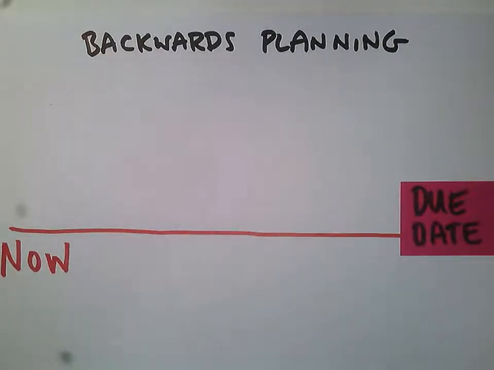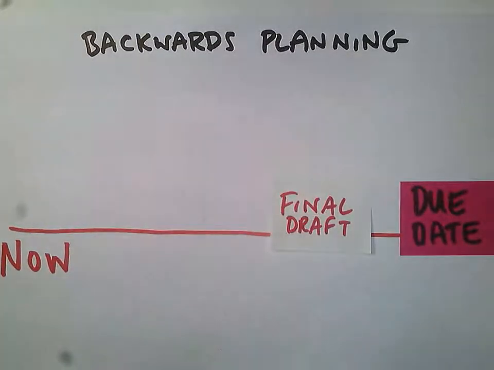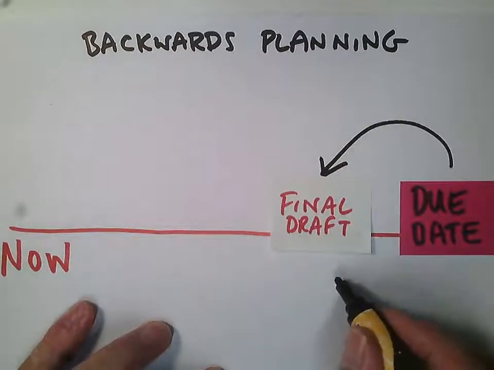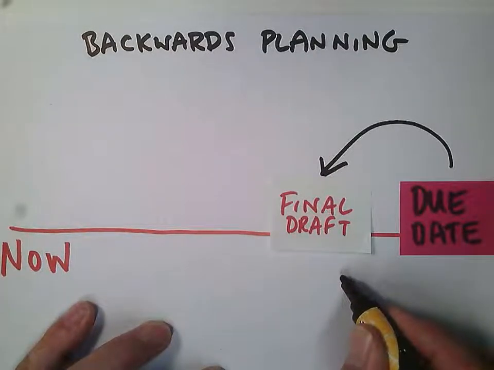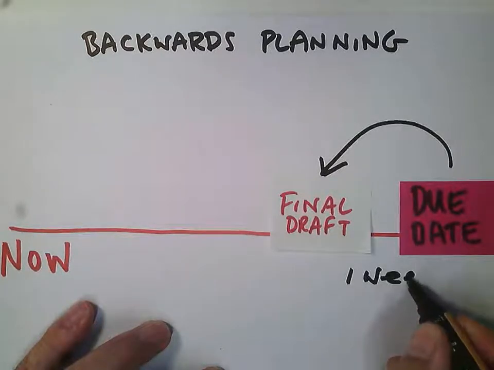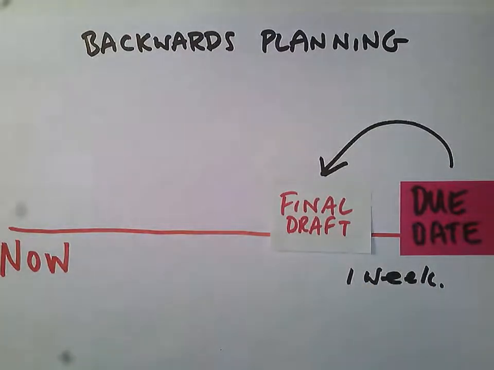Some of you may not be used to producing written work, but it's just a matter of careful planning and doing the work. I'm going to hypothesize that if you have an assignment due at some stage in the future, you're going to need just a little bit before then to create the final draft. And you might decide this needs about a week, so 1 week. So 1 week before the due date, you want to get your final draft sorted out.